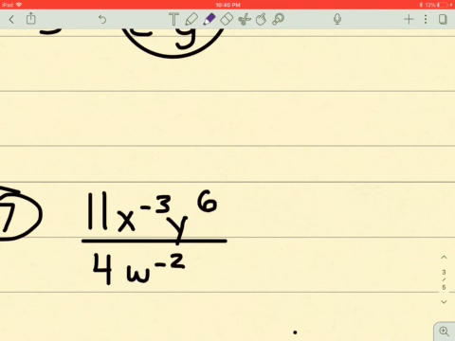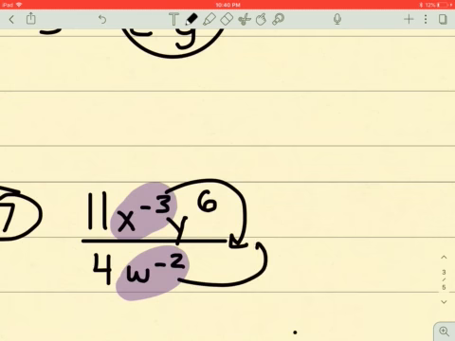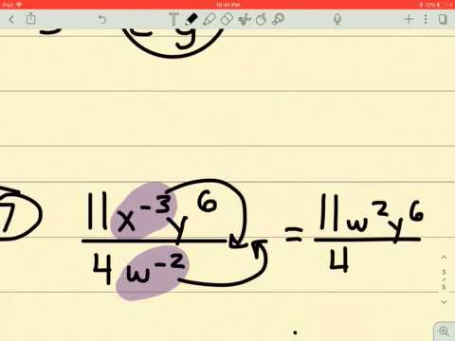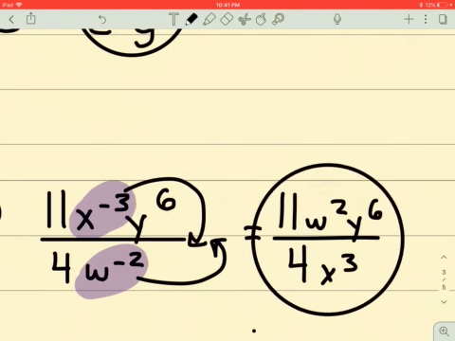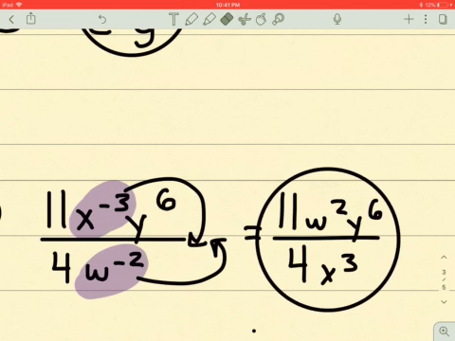So then I look at my negative exponents and find their bases. I have a negative exponent there and there. That tells me they need to swap locations across the fraction bar. So in my numerator, I'll be left with 11 w to the second y to the sixth, and I will have 4 x to the third in the denominator. And that is the answer to that one. Once again, all I'm doing is flopping the exponent to the other side of the fraction bar if it's negative.